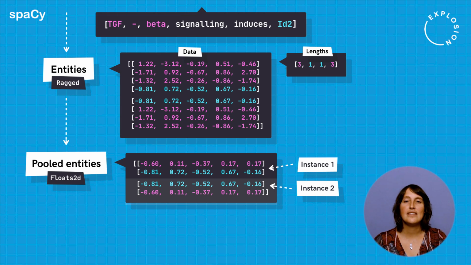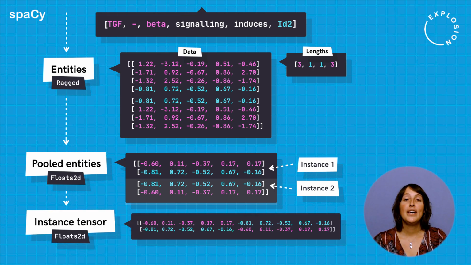For instance, there is a standard pooling layer that will take the Ragged object, calculate the average of each entity, and return the result as a 2-dimensional matrix. In this new matrix, each entity is represented by just 1 row or 1 vector. We can horizontally stack the 2 entities for each instance, thus reshaping the matrix into the final instance tensor. In this tensor, each row now represents 1 relation instance.